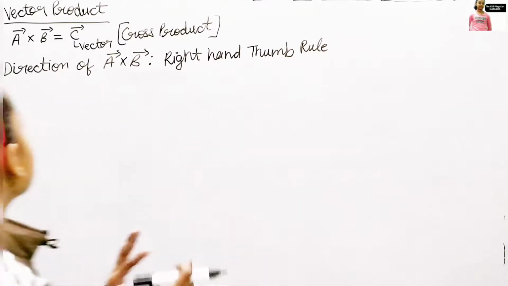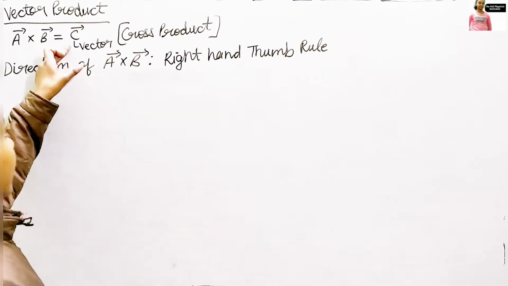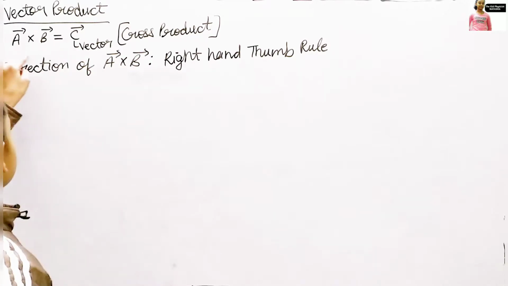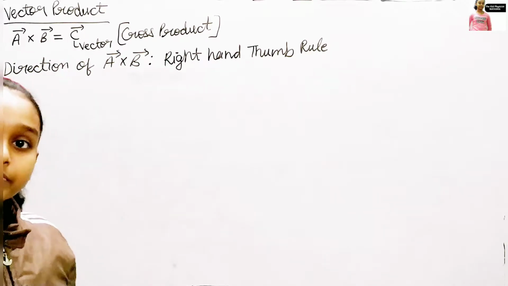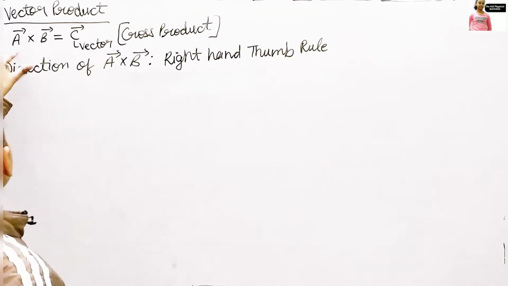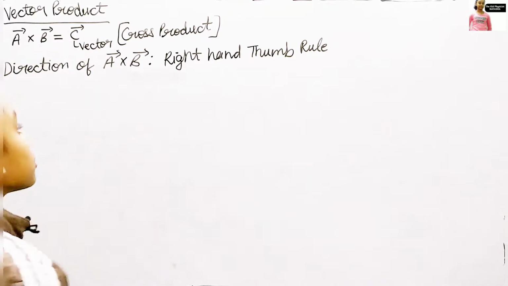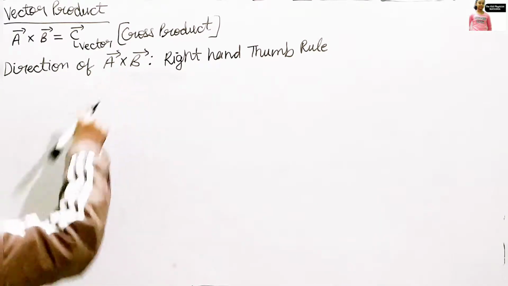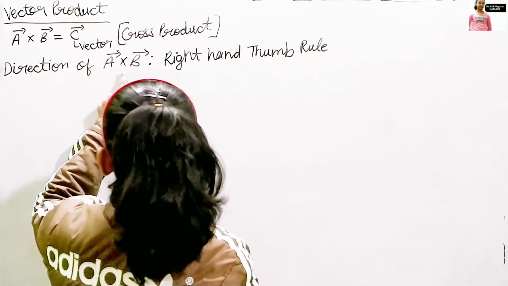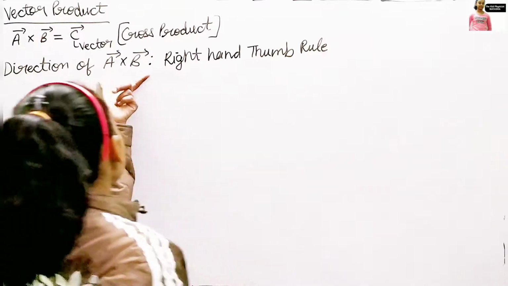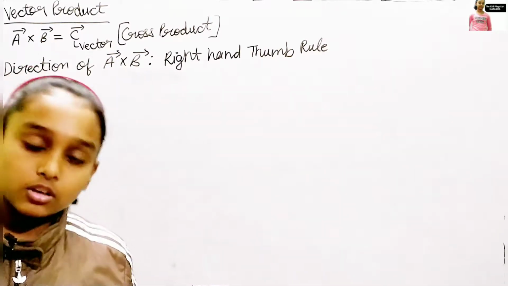The cross product of these two vectors forms a new vector, vector C. So we can also write vector C instead of vector A cross vector B. Both are the same.